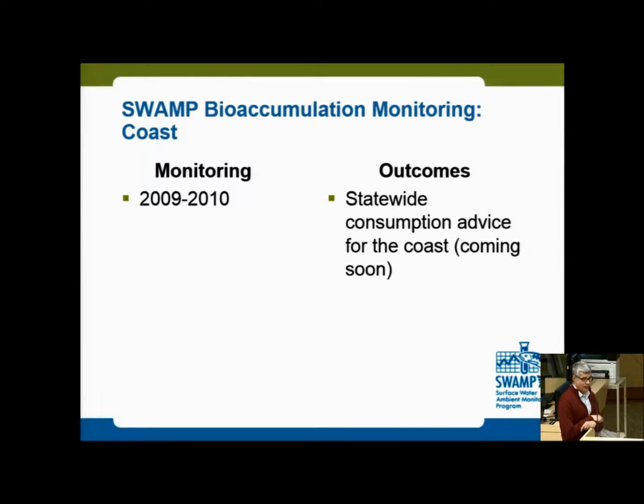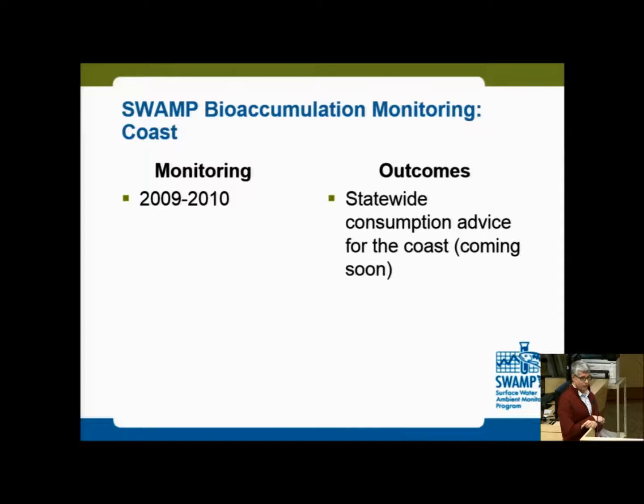On the coast, we sampled in 2009 and 2010, and we coordinated with the Bay Regional Monitoring Program and the Southern California Bight program, and really filled in with good, thorough sampling of the coast. And again, this is an area where we saw consistently high mercury concentrations.